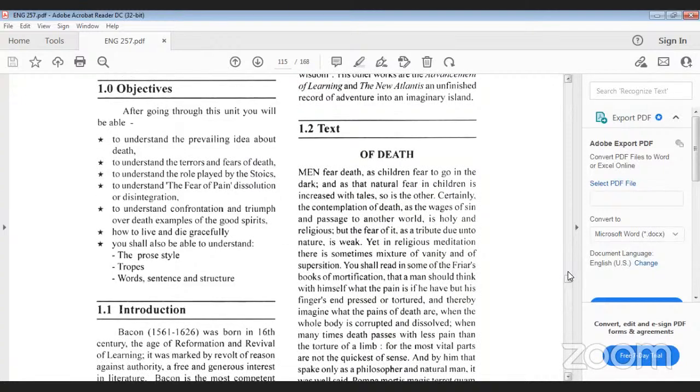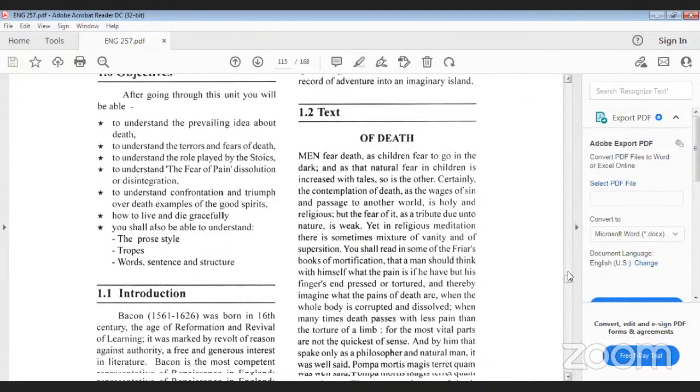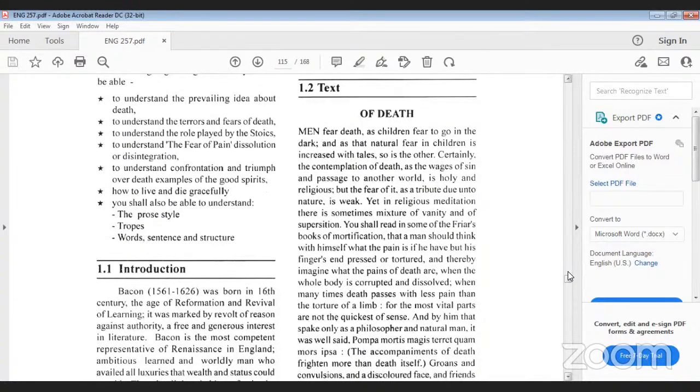You shall read in some of the friars' books of mortification that a man should think with himself what the pain is if he has but his finger's end pressed or tortured, and thereby imagine what the pains of death are when the whole body is corrupted and dissolved.